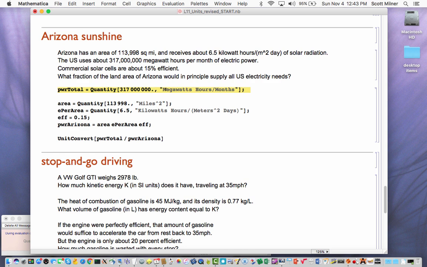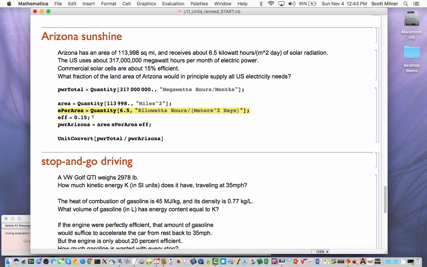317 million megawatt hours per month. The area of Arizona is 113,998 square miles. The energy per area per day is 6.5 kilowatt hours per meter squared per day.